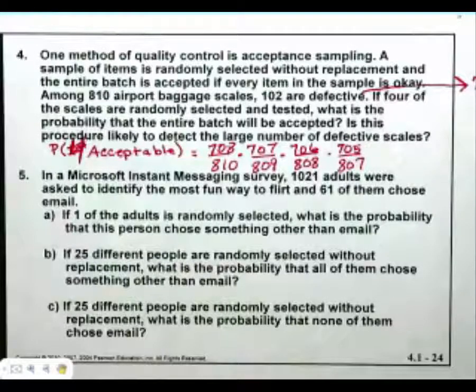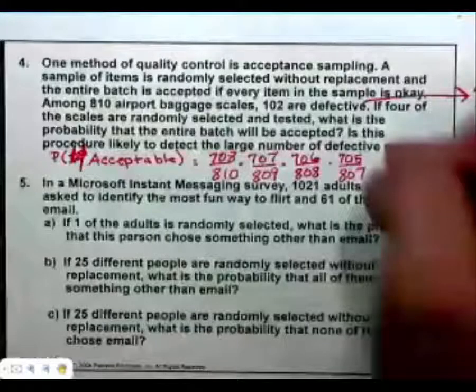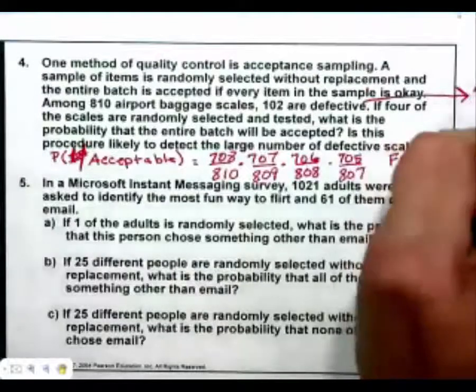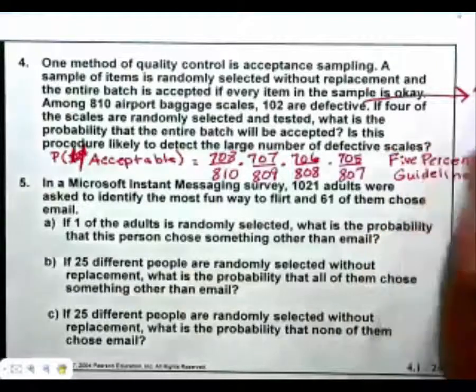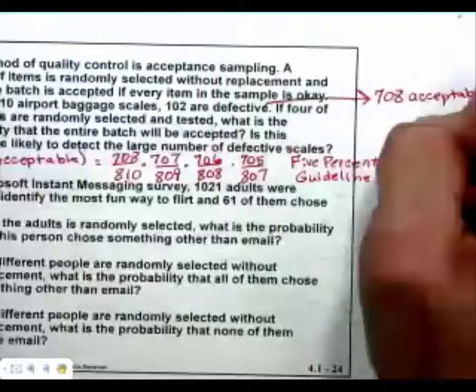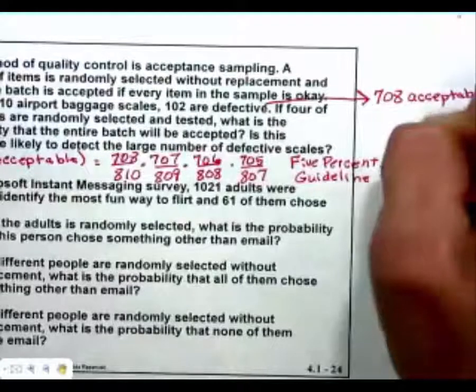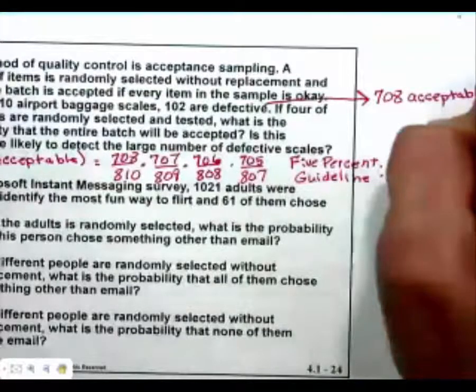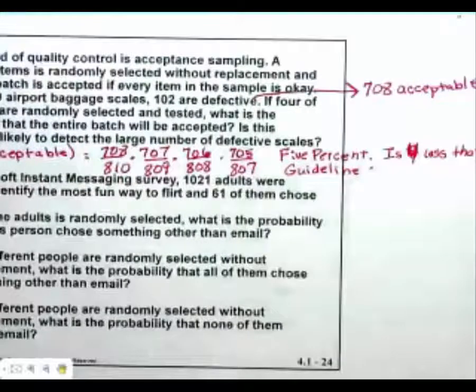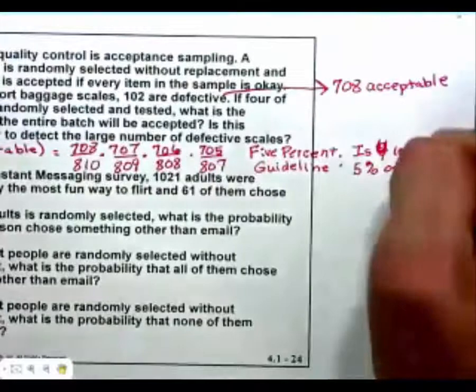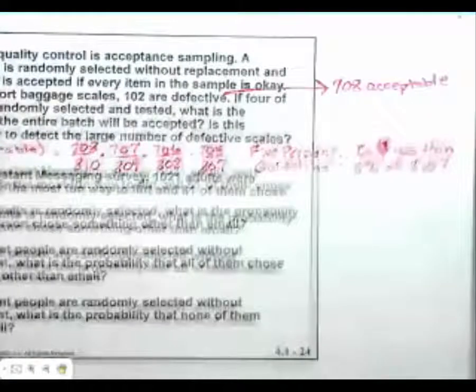So what could we do to use the 5% guideline? First thing I'd have to check is, I'm not drawing 8, I'm drawing 4. Something's going on with my 4s. Is 4 less than 5% of the 810? Yeah, it's way less.